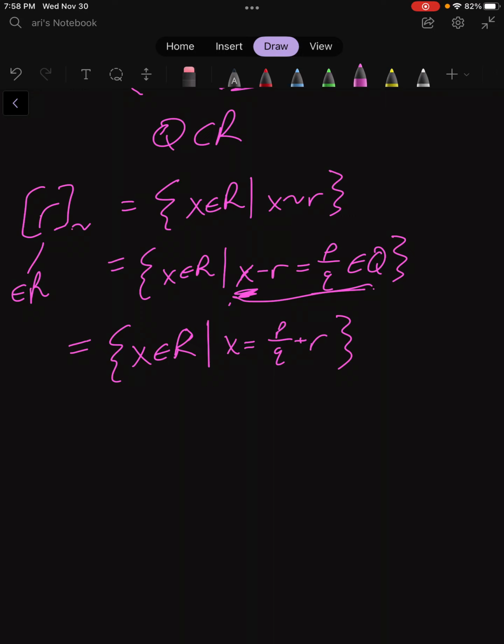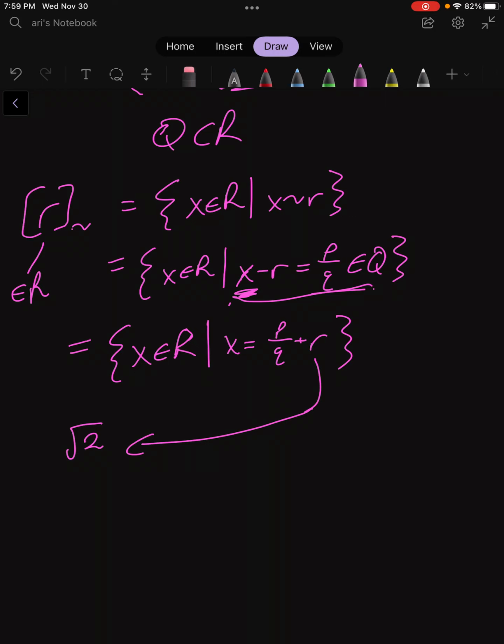So if our real number R is the square root of 2, then our answer is just going to be x equals the square root of 2 plus some rational number.